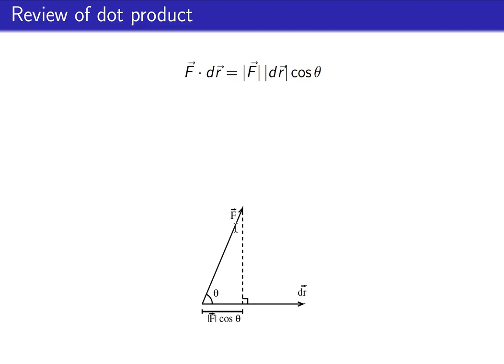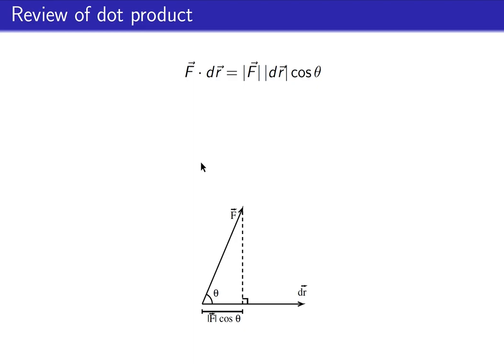This is the length of F times the length of dr times cosine of this angle. In this right triangle, this length here is the length of F cosine theta. I take this length, multiply it by the length of dr, and that's going to be the dot product.